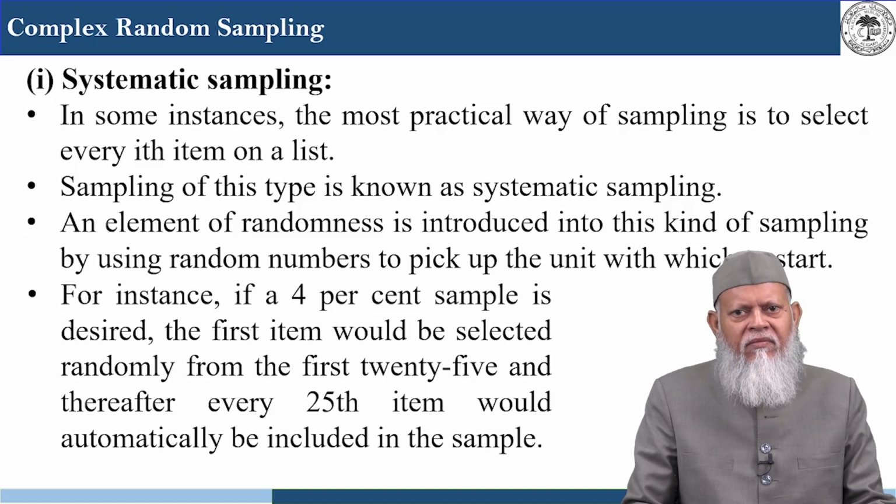So, the element of random sampling has been introduced in the selection of the first item, whereas the other items have been chosen automatically.